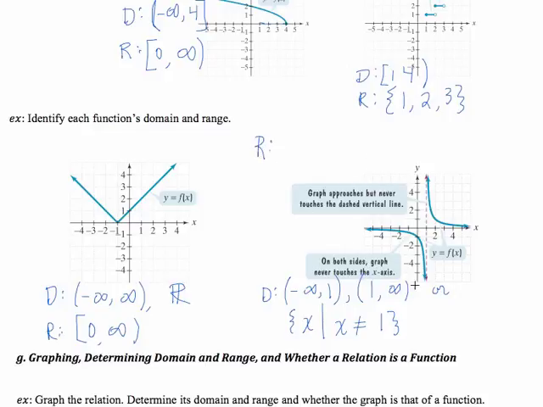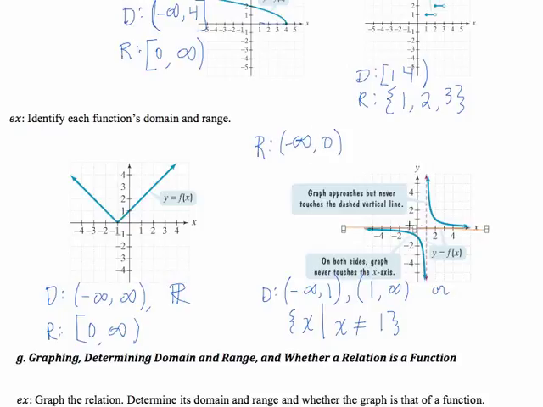And the range is done similarly. You imagine that horizontal line coming across, and I have a single y value. All these y's from negative infinity on up to here are in the range. Okay, so for the range, we could go from negative infinity up to y equals 0 right there.